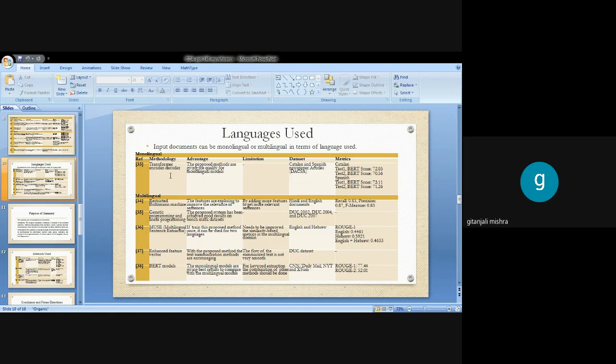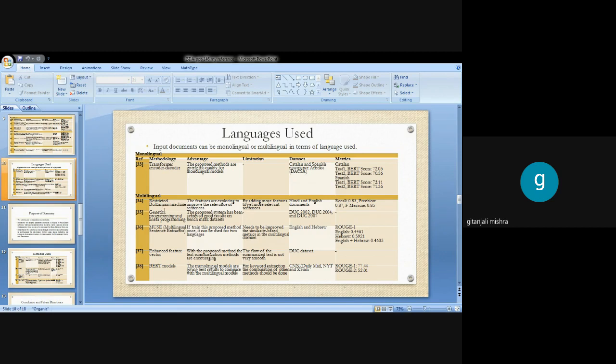The first methodology is the transformer based encoder and decoder system. By using this encoder decoder system, the advantage is that the proposed methods give quality for the monolingual models. The dataset used is Spanish newspaper articles, and this is the output.